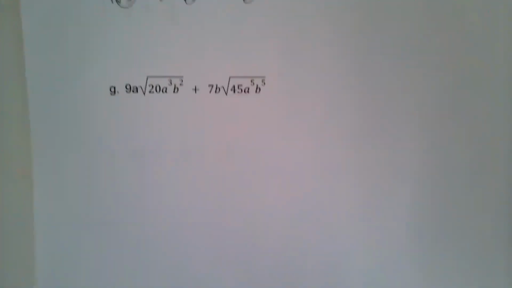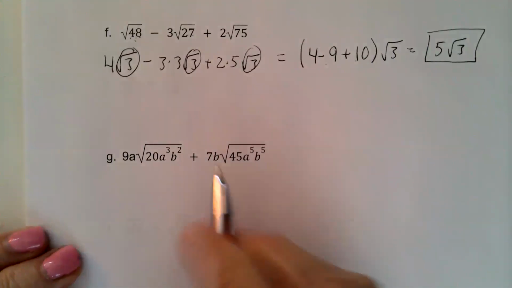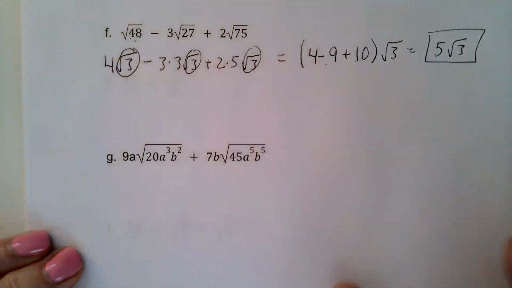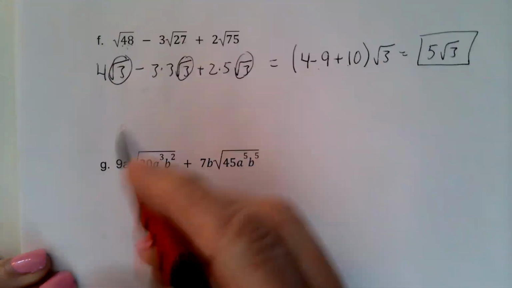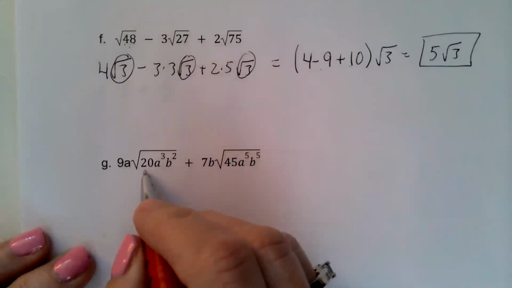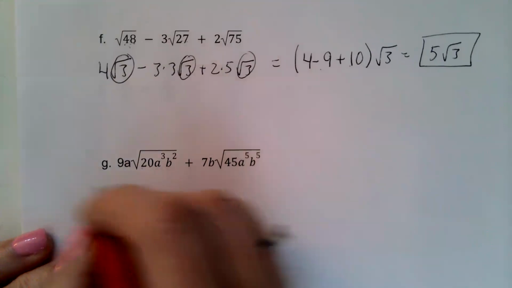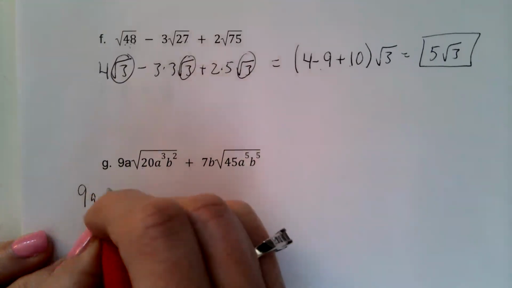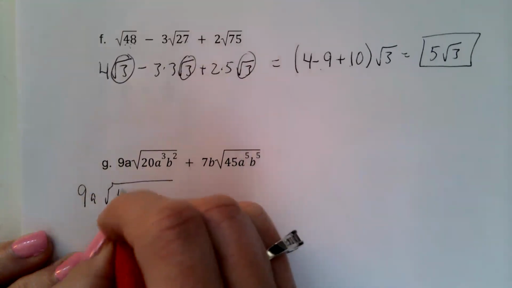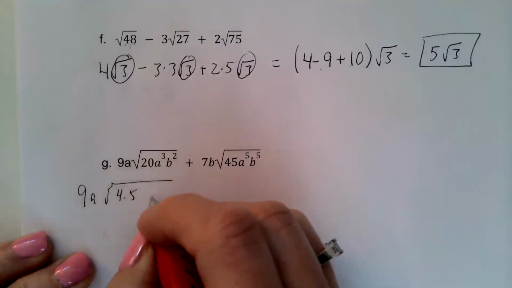And then D, they don't look to be the same radicals, but we're going to simplify them. So the square root of 20 can be the square root of 4 times 5.